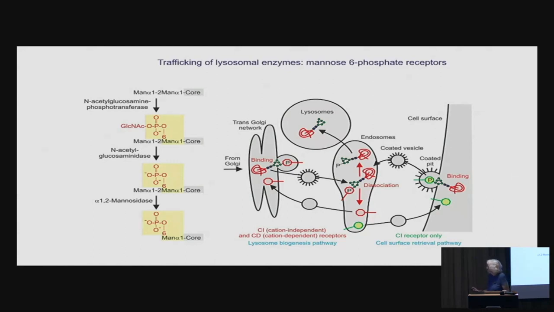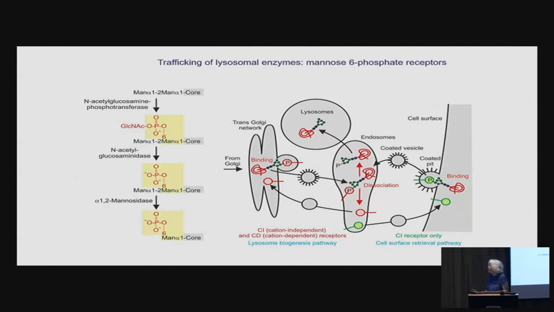And so these mediate targeting of lysosomal enzymes which are synthesized along with all other glycoproteins in the ER, and then they have to travel through the Golgi, but they need to end up in the lysosomes and not outside of the cells.